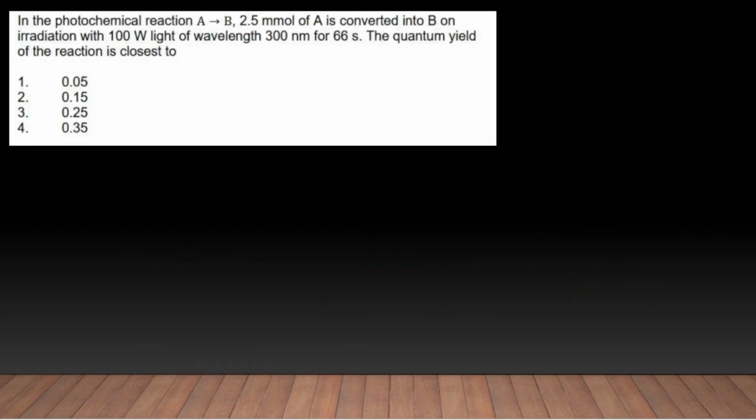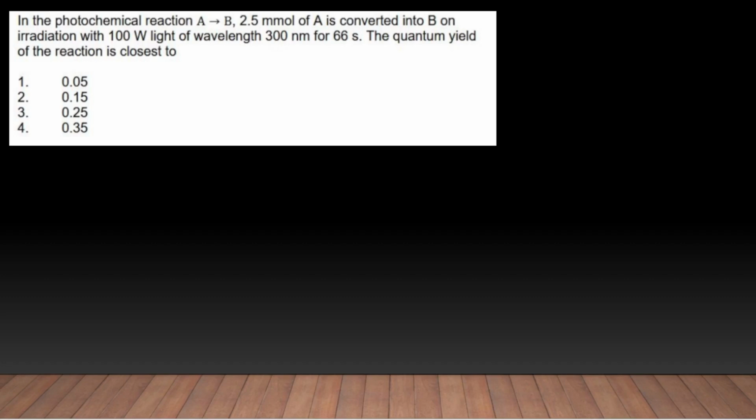Next one is this. It says that in a photochemical reaction, 2.5 millimoles of A is converted into B on irradiation with 100 watts light of wavelength 300 nanometers for 66 seconds. What is the quantum yield?